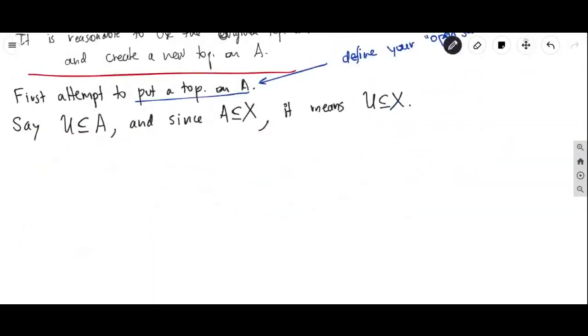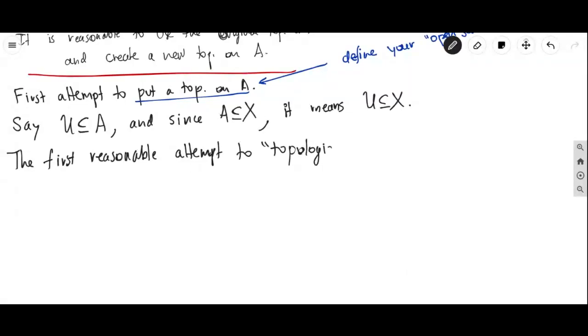And so you can try, the first reasonable attempt to, let's turn this into a verb, to topologize. So to topologize means to put a topology on something.